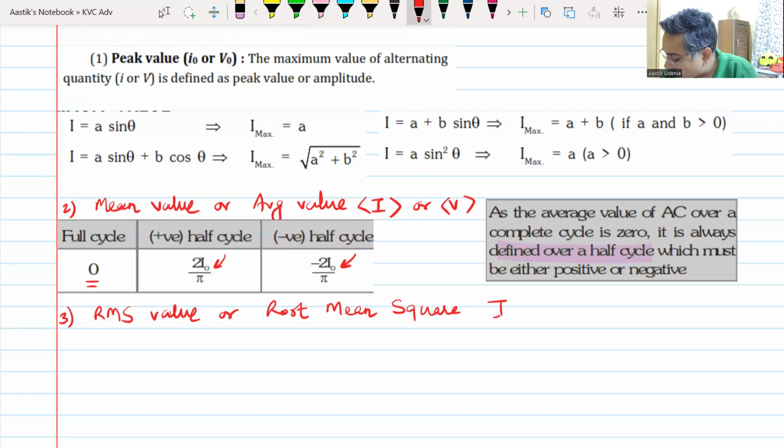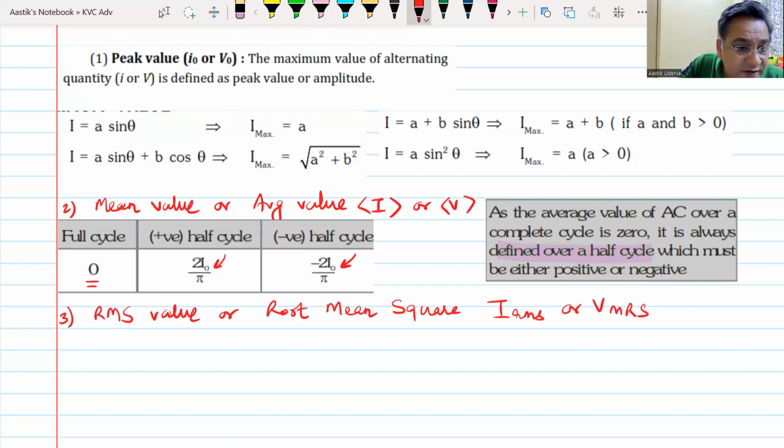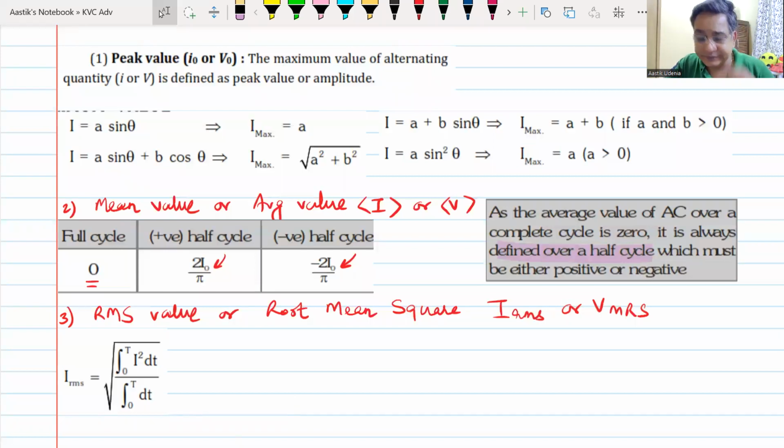This root mean square value is written as I RMS or V RMS. Now, how do you calculate this? You take the value of current. I think I have discussed this RMS value in your chapter on thermodynamics as well.